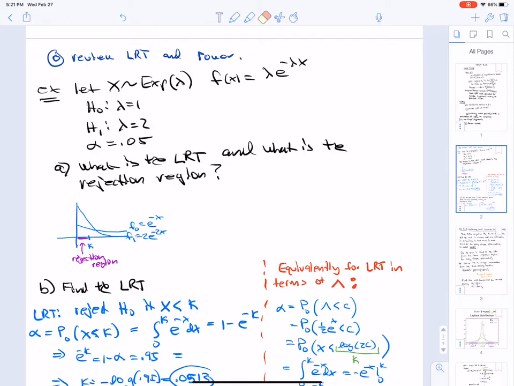We'll get back to this in a minute. So what's the LRT and what is the rejection region? This is something you can determine without doing any calculations.